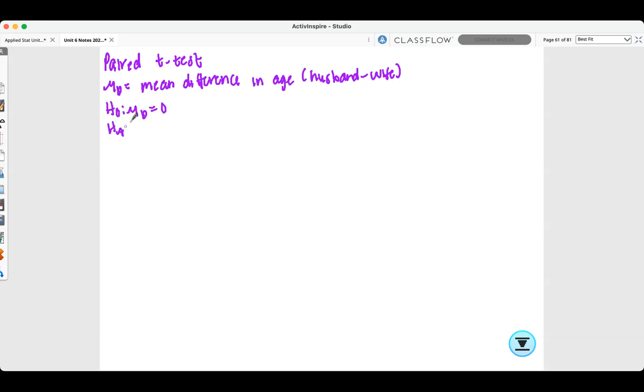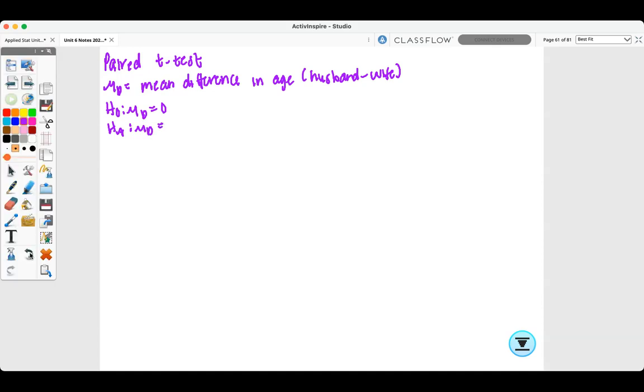My alternative hypothesis is my mean difference is greater than 0. Evidence for my alternative hypothesis is the mean difference of my sample is 1.875, which is greater than 0.